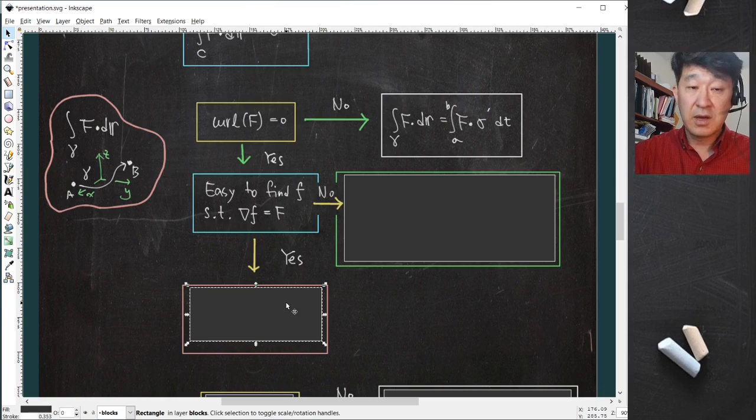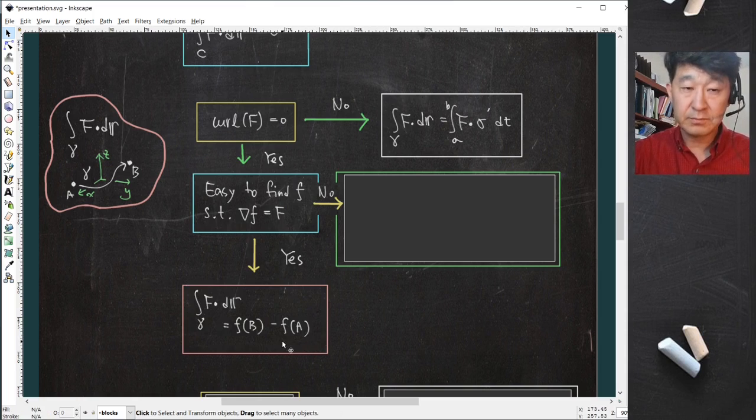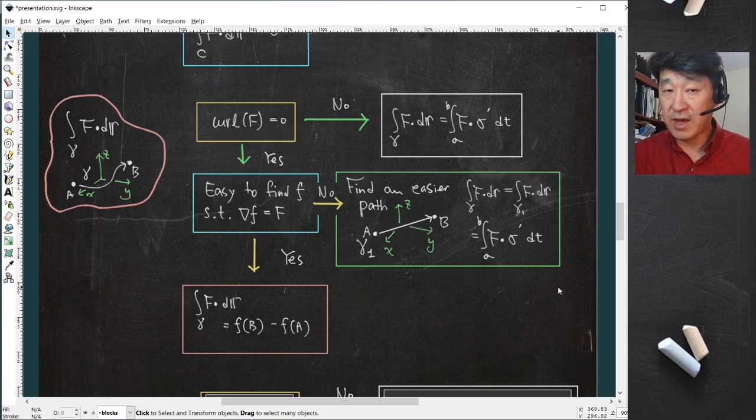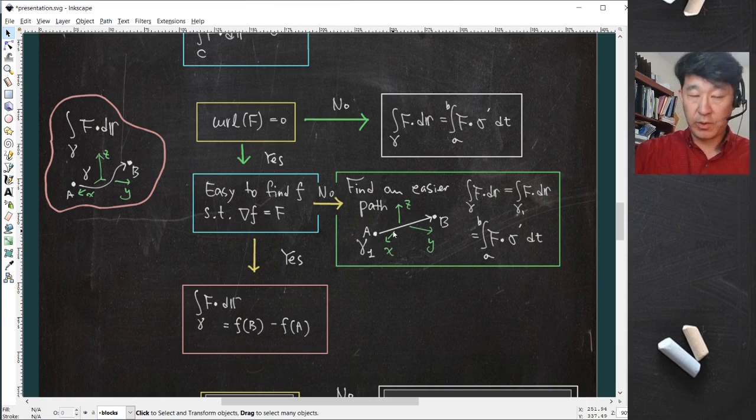So often people don't look for this potential function, but if you can find it, of course your answer is the difference of the values of this potential function. That's still the fundamental theorem of line integrals. Now most of the time you're not going to try to find that. It's usually complicated. So what is the option we have in there? Again, you can go ahead and replace that with a simpler path.